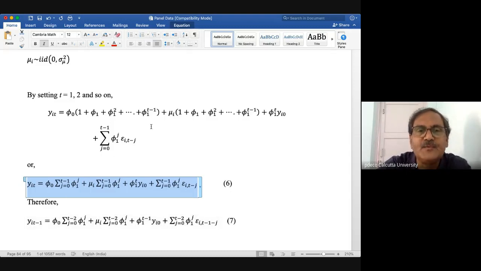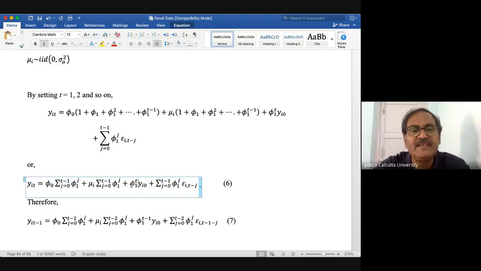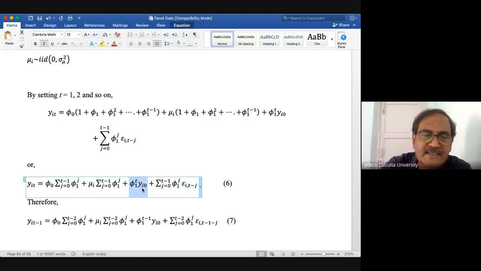Now, if we assume mod value of phi 1 less than 1, so in limiting sense, what would be the value for yit? This part will be 0. This is the homogeneous part, the part for homogeneous solution. This will be 0 if phi 1 is less than 1. This part will be 0 as t tends to infinity.